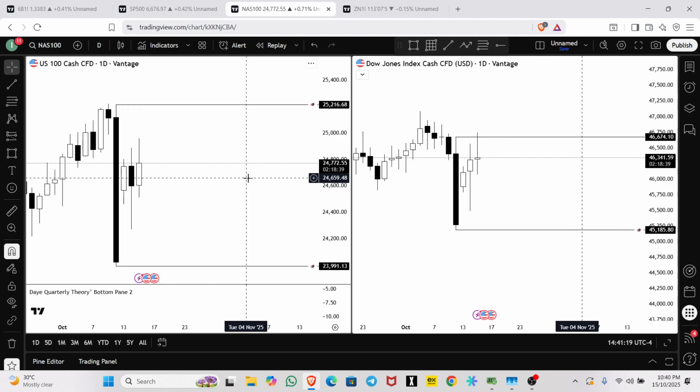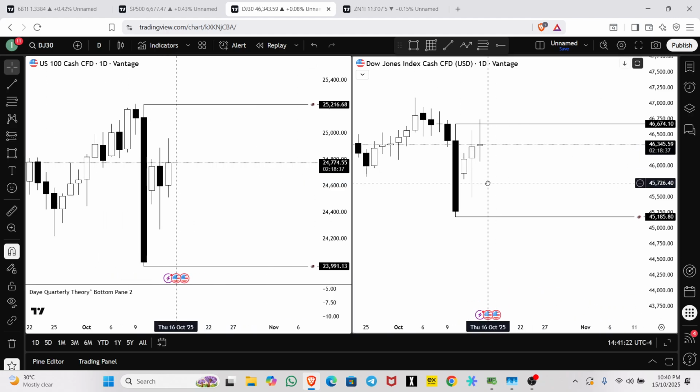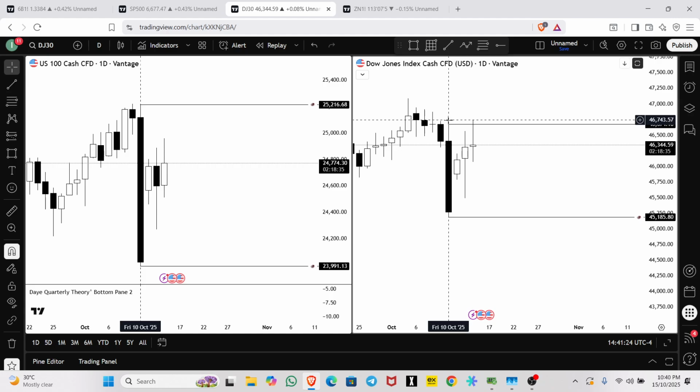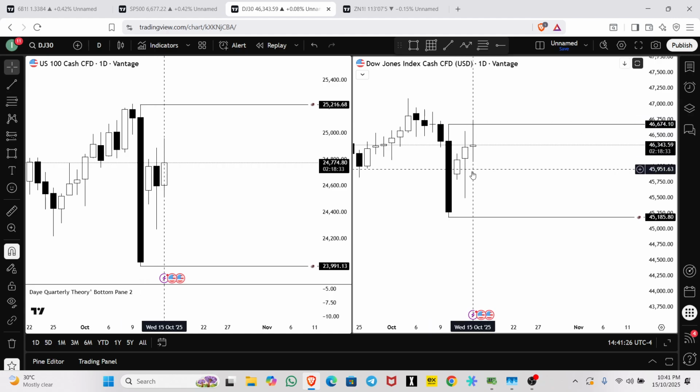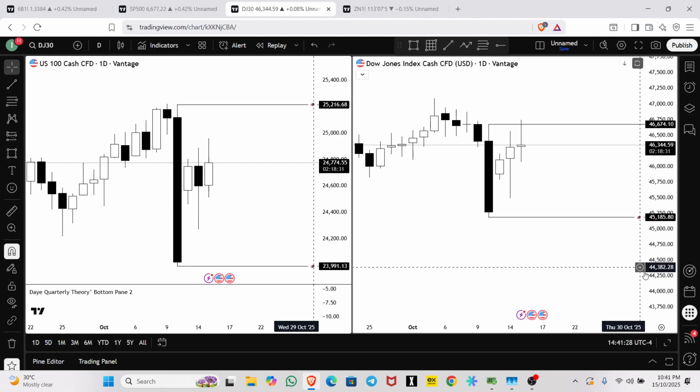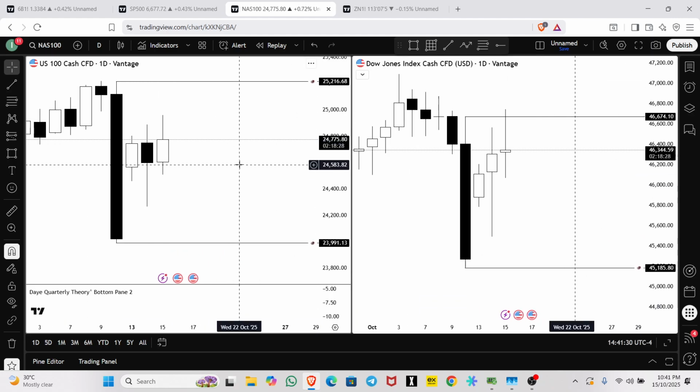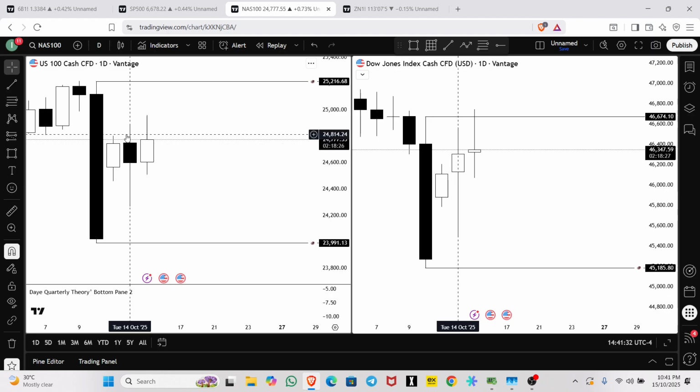And the reason behind why we saw the Dow trading back into the range of the Friday was what? I want you to look at this candle right there, Tuesday's candle. On Nasdaq we have a down close candle, while in the Dow we have an up close candle.